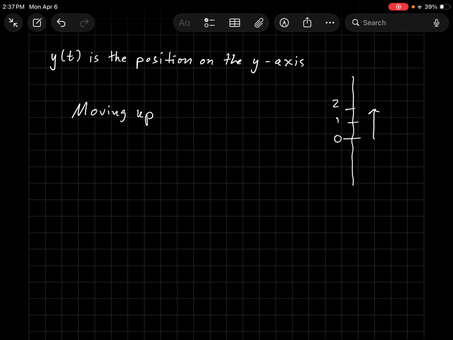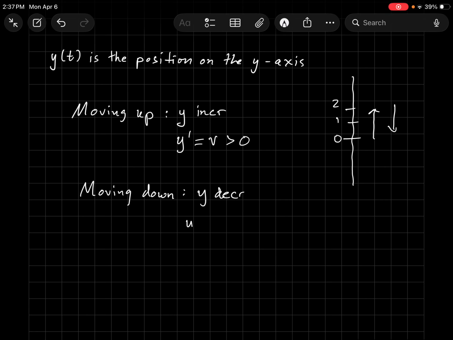Well, I know that the y values are increasing, which means its derivative, in this case we can call velocity still, is positive. When would the object be moving down? Well, if the object is moving down, then the y values are decreasing, which means the derivative of y, which happens to be velocity, is negative, and of course you're stopped when the velocity is 0.